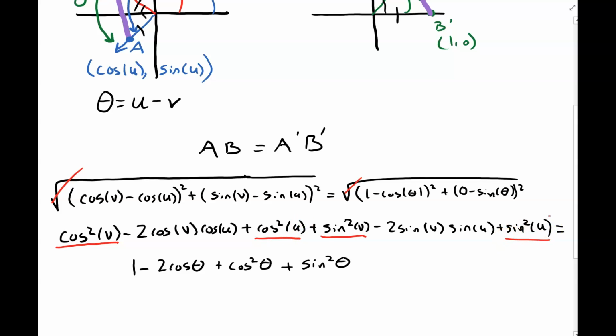What's that going to give me? 1. So on the left-hand side, I'm just going to put a 2 there from the 1 plus 1. And then I still have the minus 2 cosine v times cosine u and the minus 2 sine v times sine u.